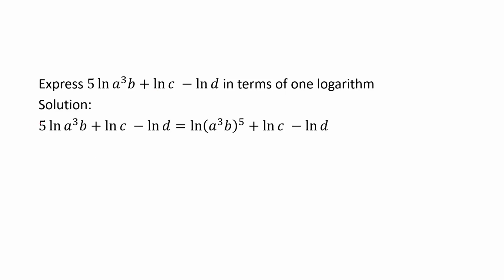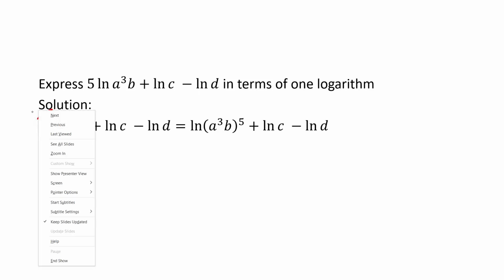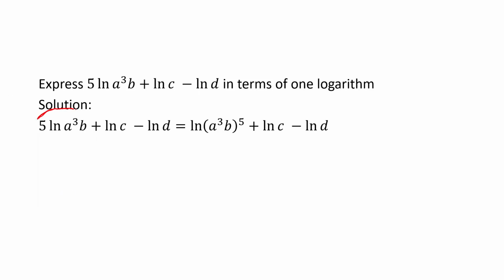What we can do is take this 5 and move it up, and raise this whole expression that we're taking the ln of to the exponent 5. And that's what we show in this first step.